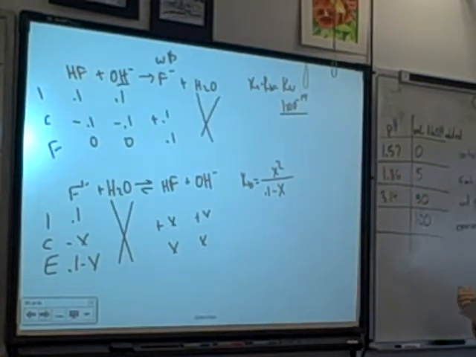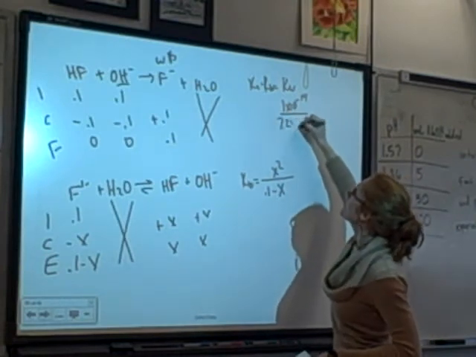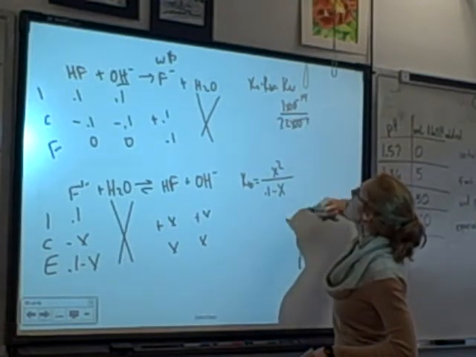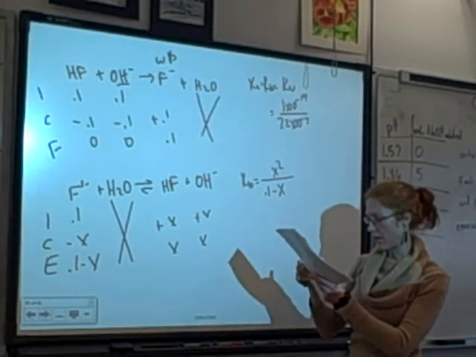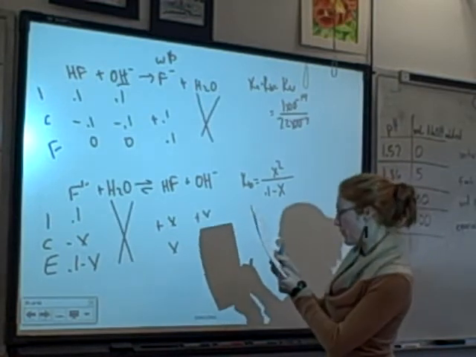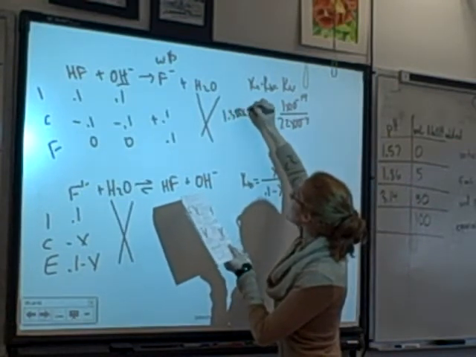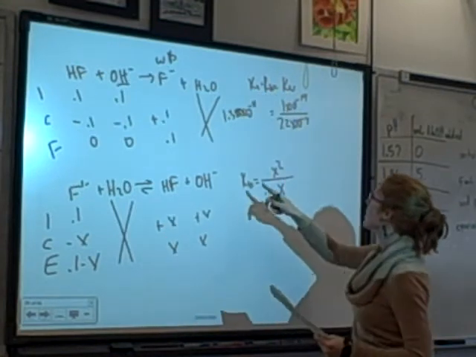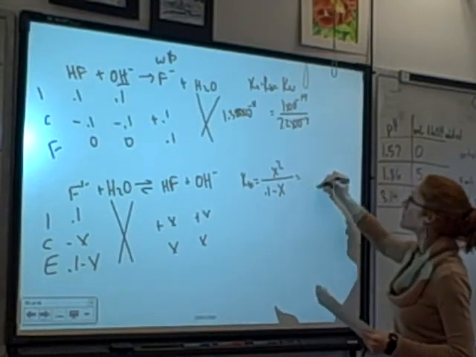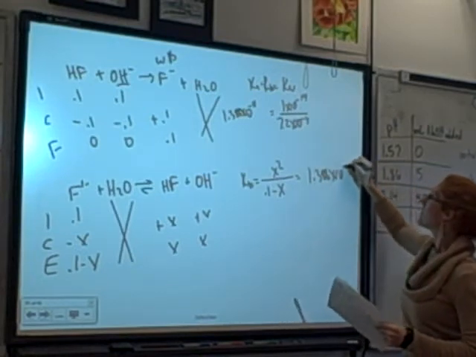And Ka was the K for that guy, so that's 7.2 times 10 to the negative 4th. So when I do Kw divided by Ka to get Kb, it ends up being 1.388 times 10 to the negative 11th. So that's going to be what this is equal to.